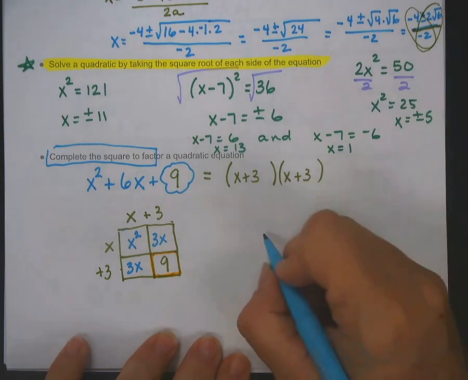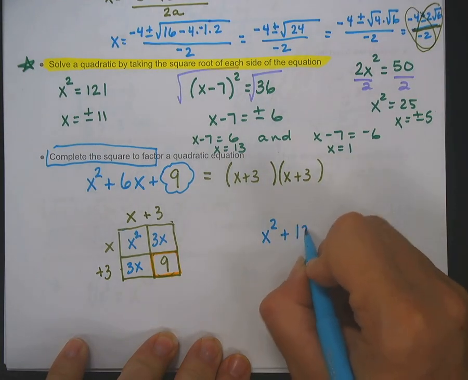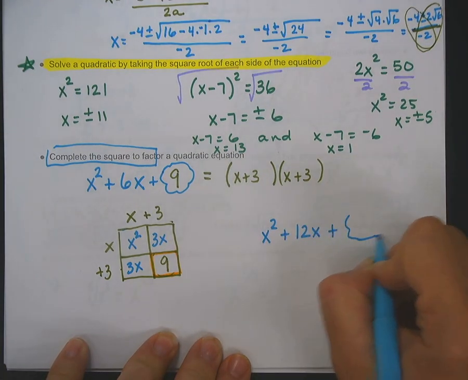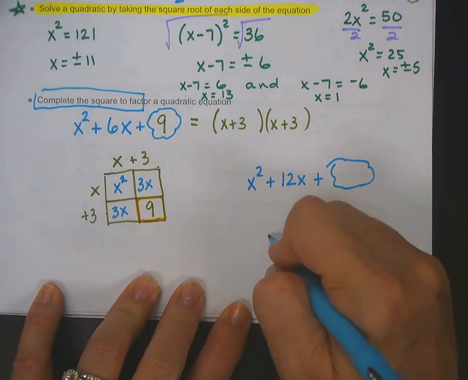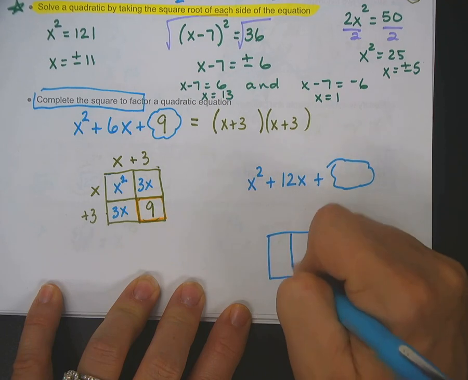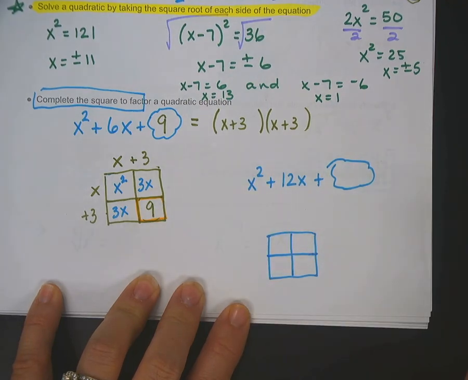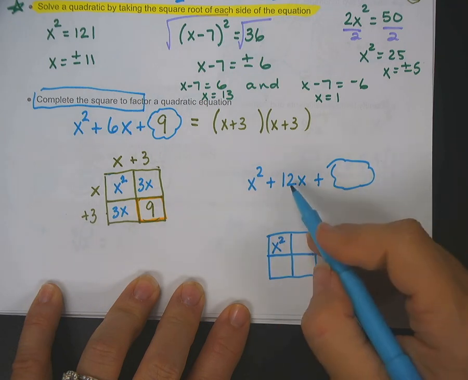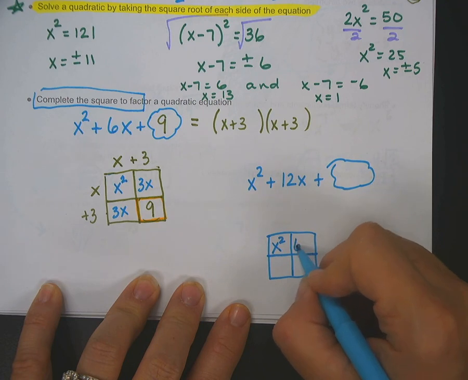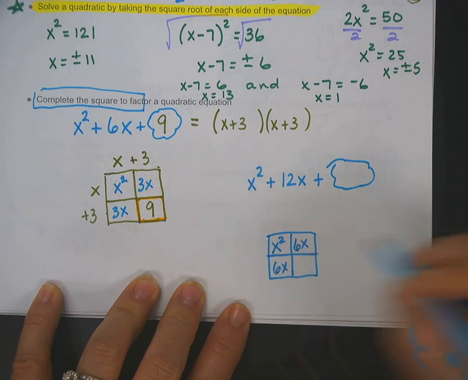Okay, let's try another one. Let's figure out how to complete the square here. So we build our square. Put x squared here. And remember, we want to cut this in half. We want this to be 6x and 6x.